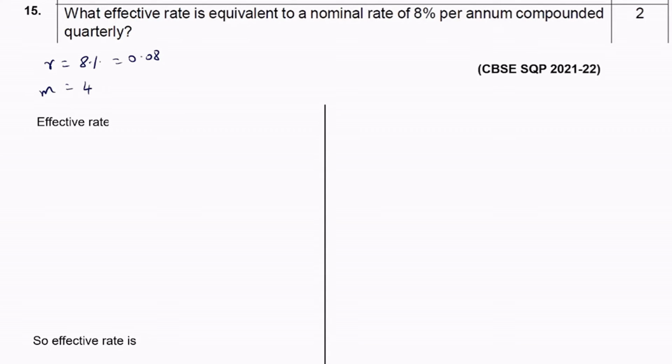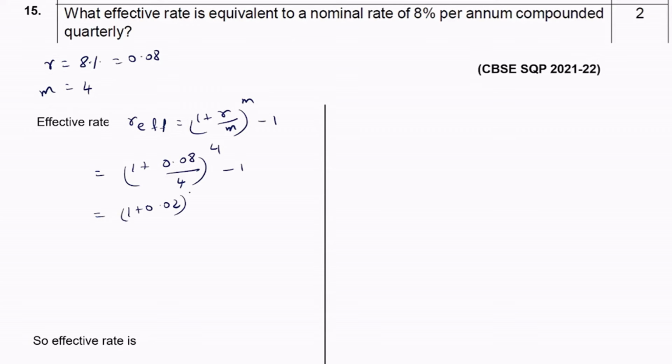So the effective rate R effective is equal to 1 plus R by M the whole raised to M minus 1. So it is 1 plus 0.08 by 4 the whole raised to 4 minus 1. So it is 1 plus 0.02 the whole raised to 4 minus 1. It is 1.02 the whole raised to 4 minus 1.